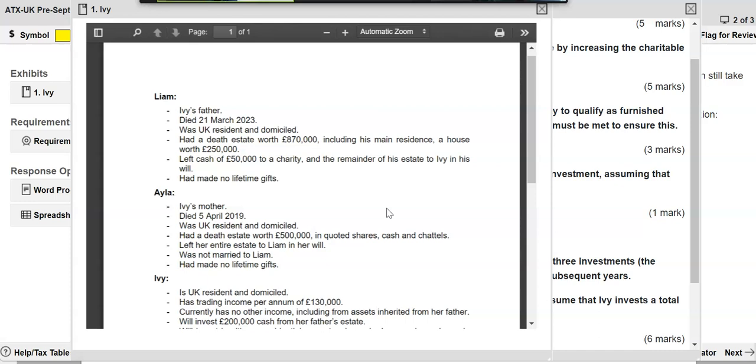Okay, I've got one question for you. Do we subtract the annual exemption from the death estate?